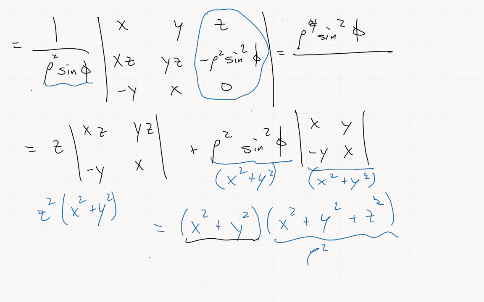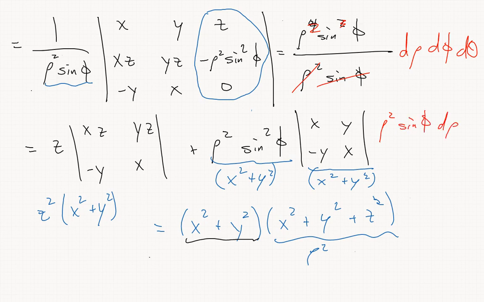And then we're dividing by rho squared sine phi, and so this cancels out. Again, that was times d rho d phi d theta. So our final answer is rho squared sine phi d rho d phi d theta.